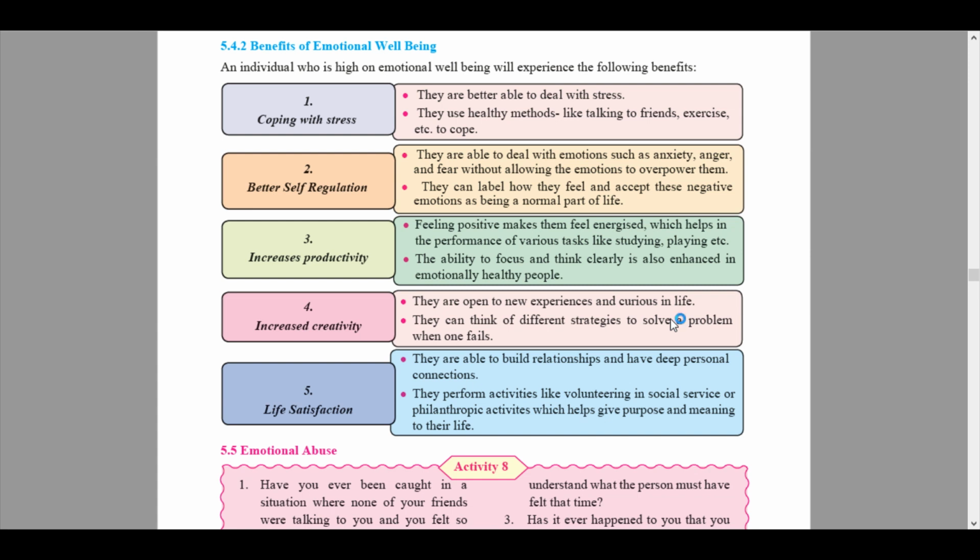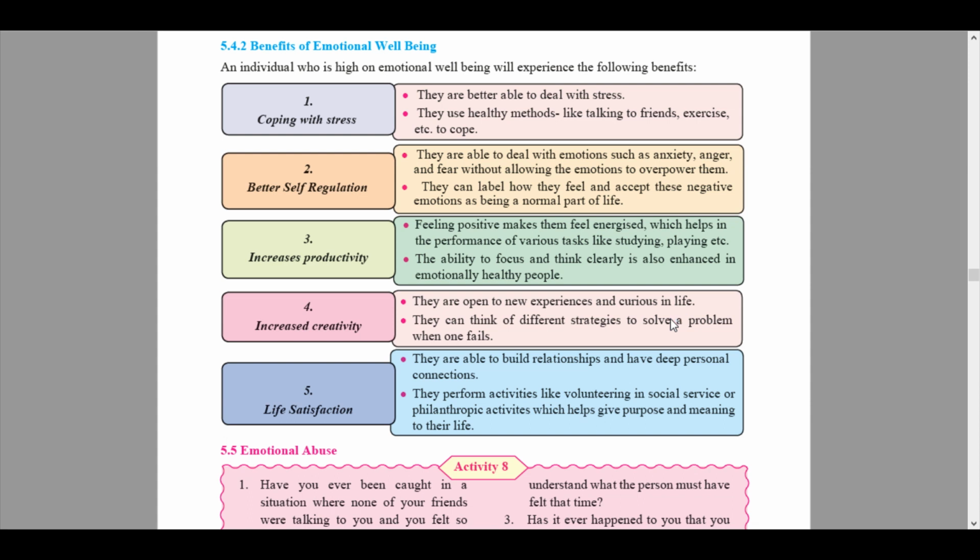Then we have our second pointer, that is better self-regulation. They are able to deal with emotions such as anxiety, anger, and fear without allowing the emotions to overpower them. They can label how they feel and accept these negative emotions as being a normal part of life.